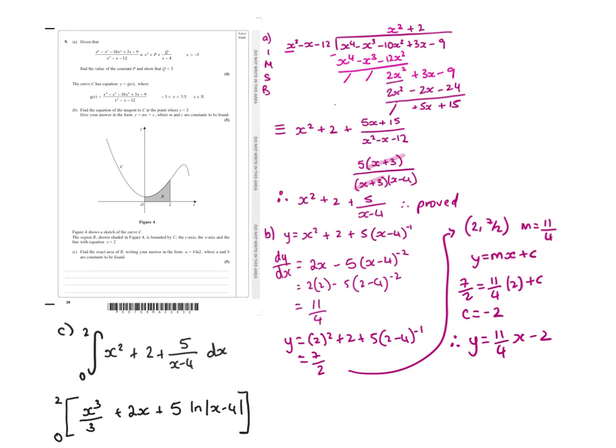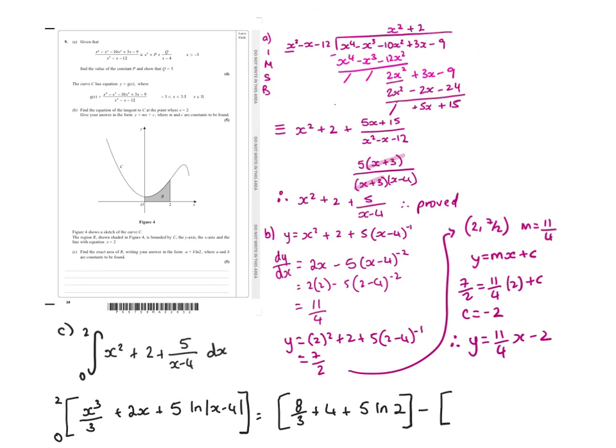So now I'm going to substitute in 2, and then I'm going to substitute in 0. Remember, I'm taking the modulus of the ln x minus 4. So when I substitute in 2, I'm going to get 2 cubed over 3, which is 8 over 3, plus 2 times 2, which is 4, plus 5 lots of ln, and then the modulus of 2 minus 4 is minus 2, which becomes 2 because we take positive.